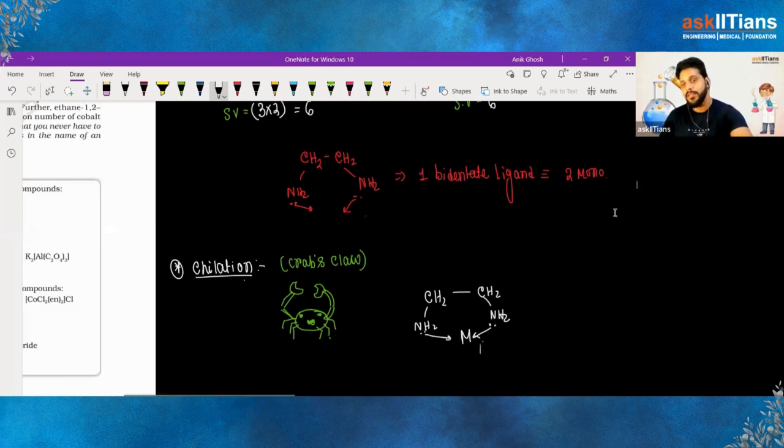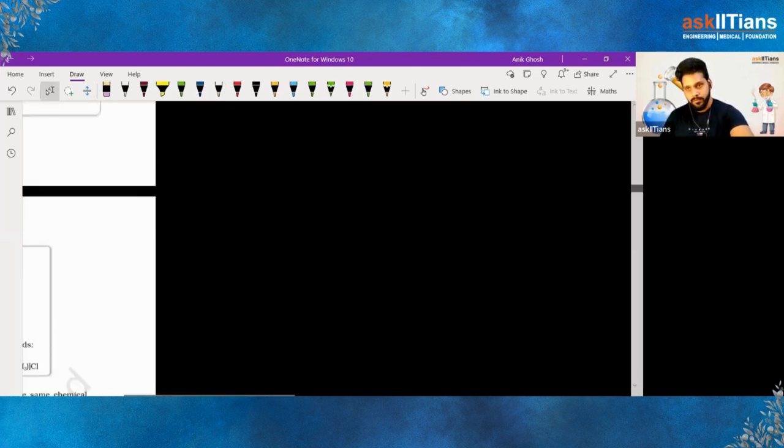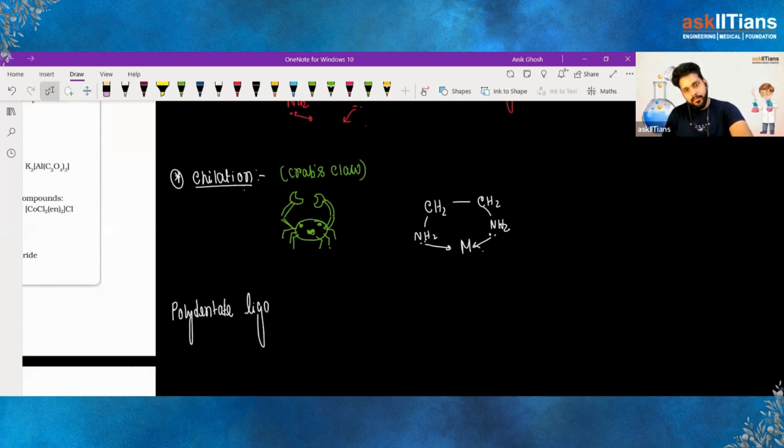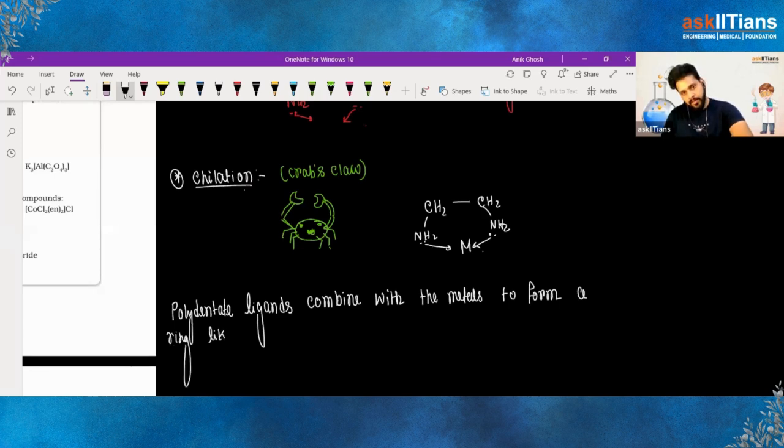So how would you define chelation? Polydentate ligands combine with the metal to form a ring-like structure, which is known as chelation.